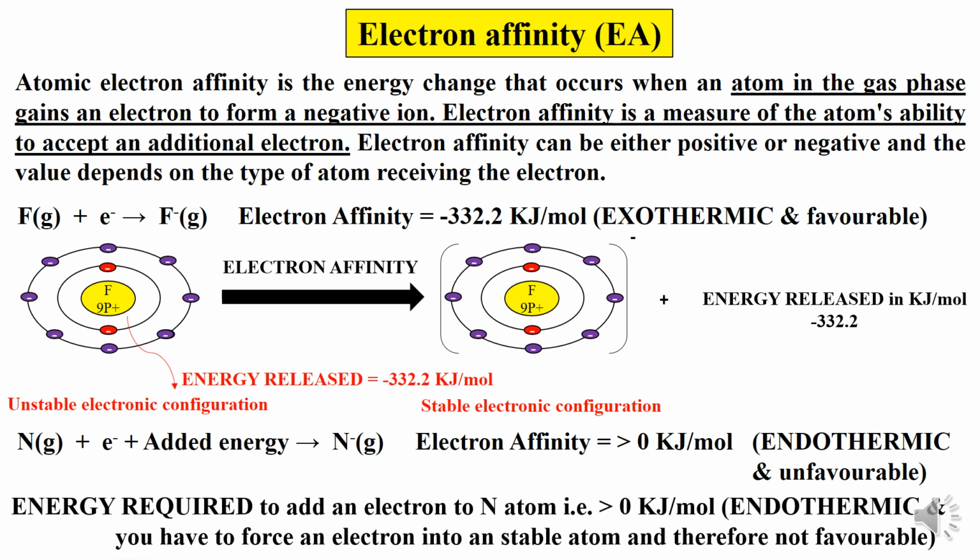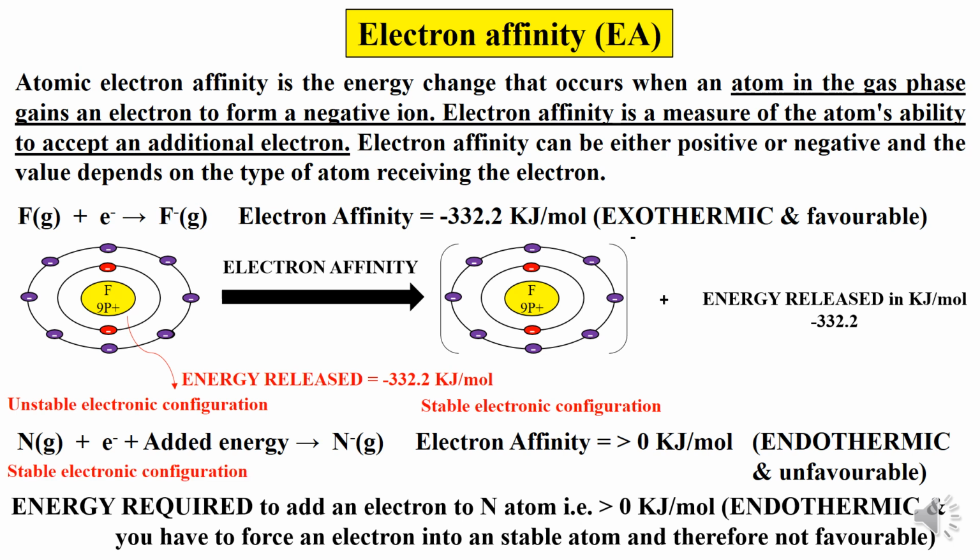Let's find out. In the case of the nitrogen atom, energy is required. You need to add energy. So energy is required to add an electron to the nitrogen atom. So it is an energy-demanding process, because you have to force an electron into the stable atom.